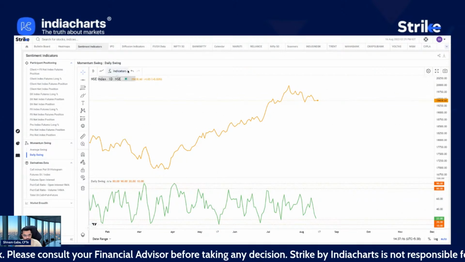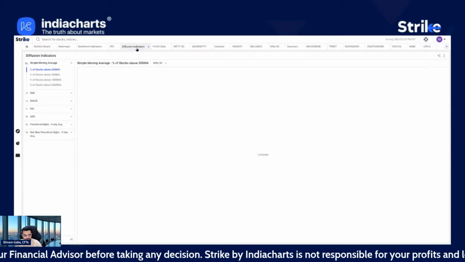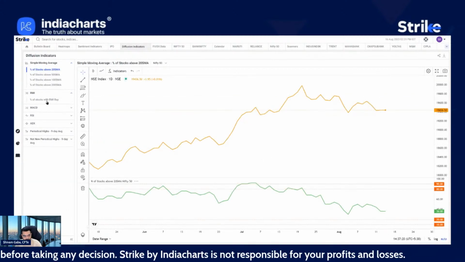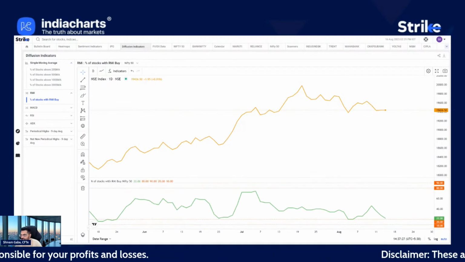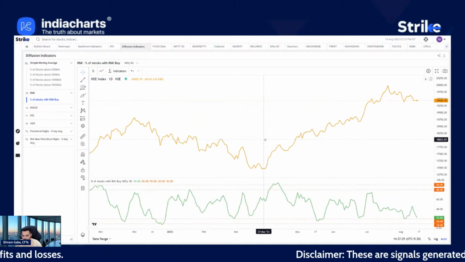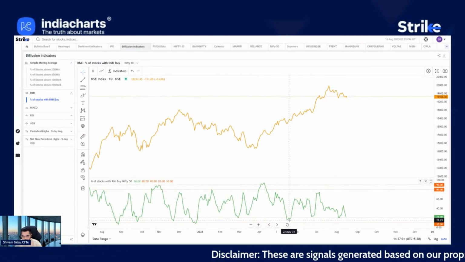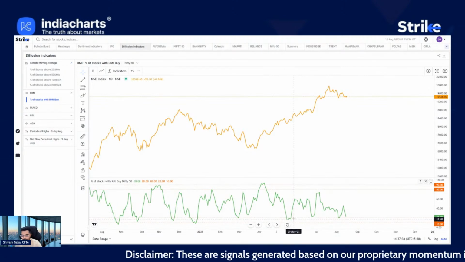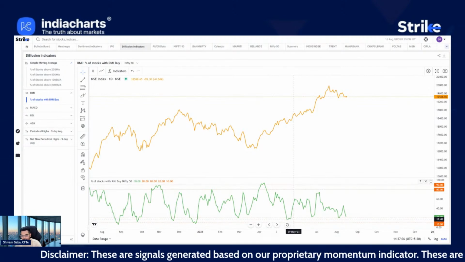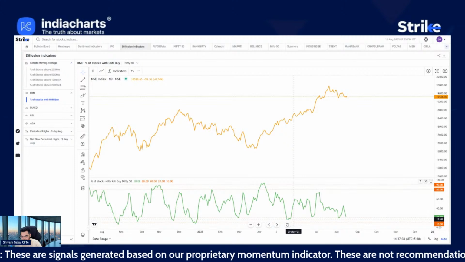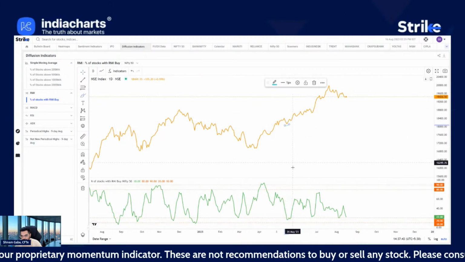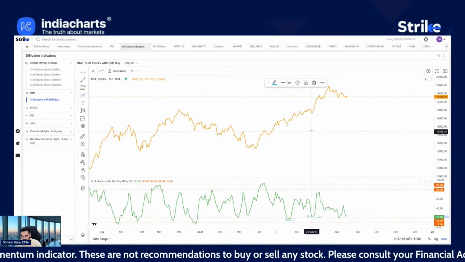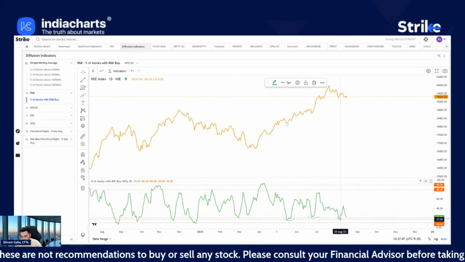I'd like to show you something on the diffusion indicators as well. A different version of the swing, wherein we are just checking whether the RMI indicator is in a bullish mode or a bearish mode. So you can see when this number drops to around 20, which means only 20% of Nifty stocks are showing bullish crossover, that is when we have seen short-term bottoms form in the market, right here, again here, and we are again around that 20 mark.